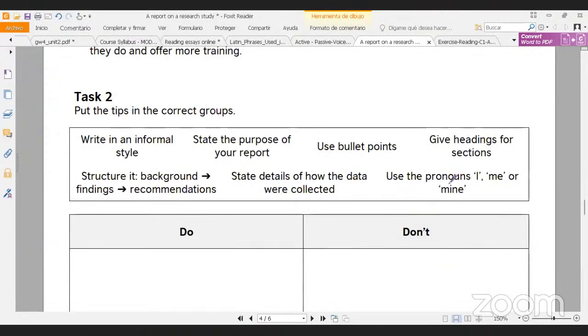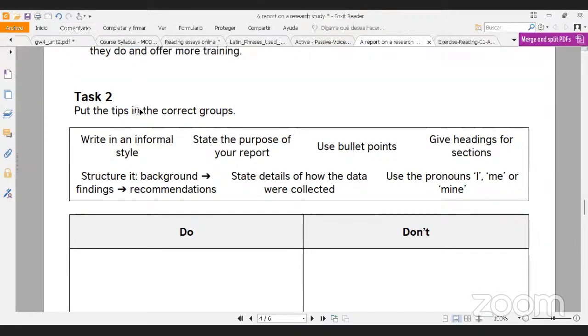Okay, now let's go to the second part. Put the tips in the correct groups. Do. What do we put in do? Anybody?